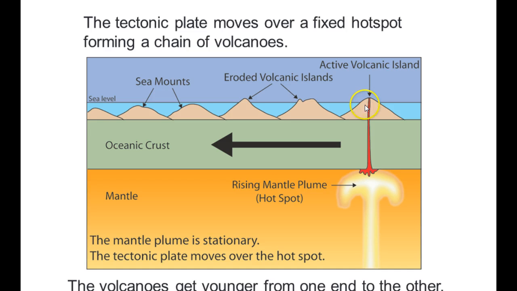So the newest islands would be here, and they'd get progressively older as they moved right to left. Also get that in your notes. Now this is how geologists use hotspot volcano chains to track the movement of tectonic plates through time. Write that down.